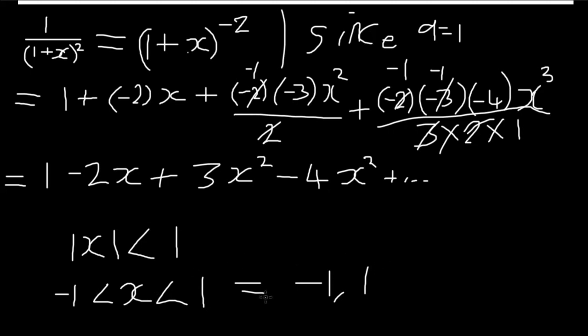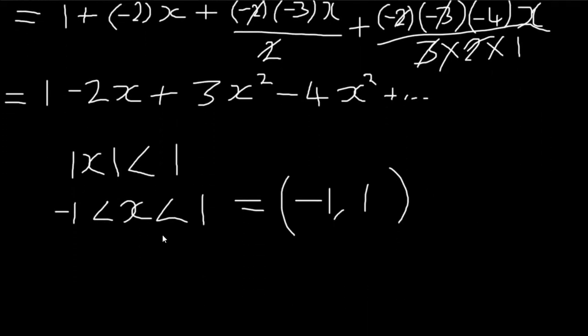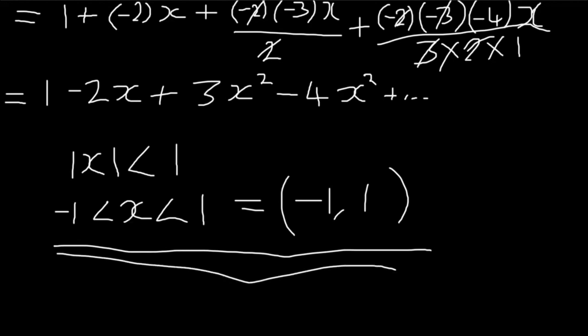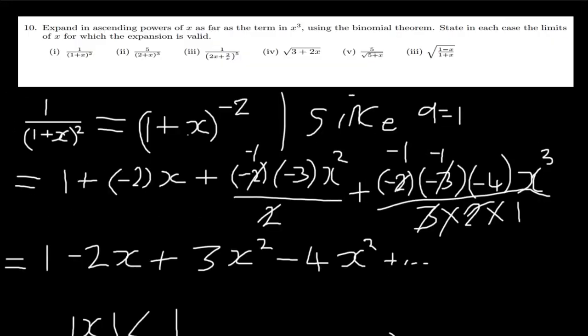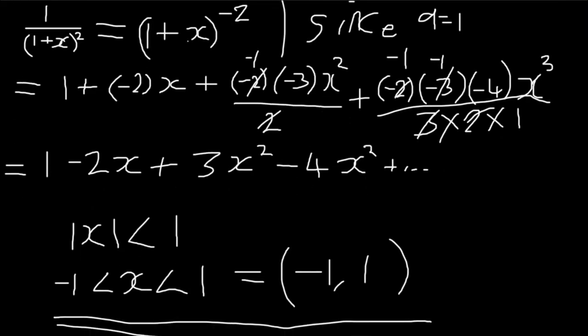Now since -1 and 1 are not part of the sets, I'm going to use these types of brackets. So this is now the full complete solution for question 10(i). So this is the solution for the question.